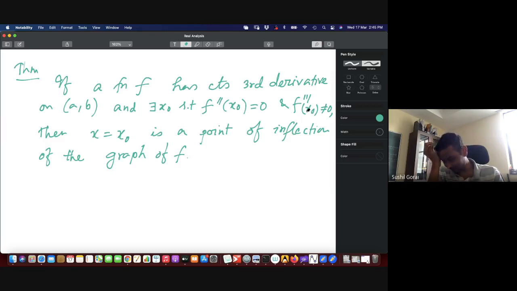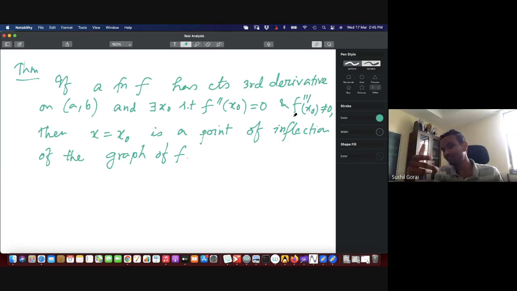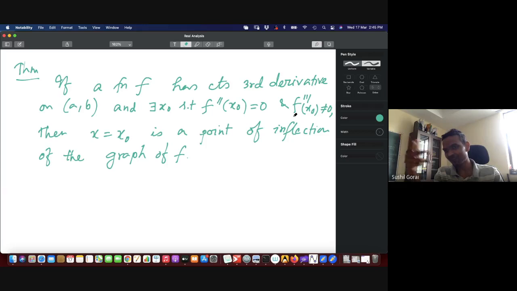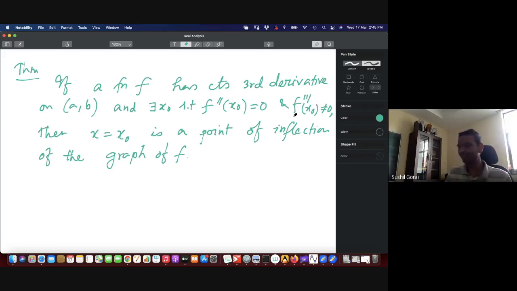If you look at Taylor's formula, the term (x minus x naught) cubed will be present. That's the reason the double derivative will be changing sign.